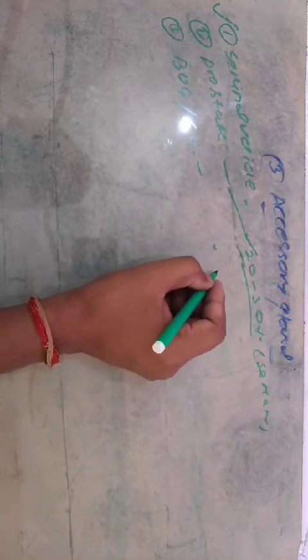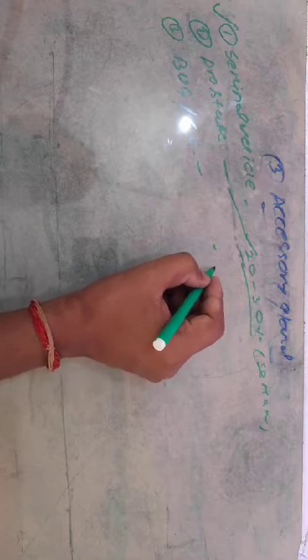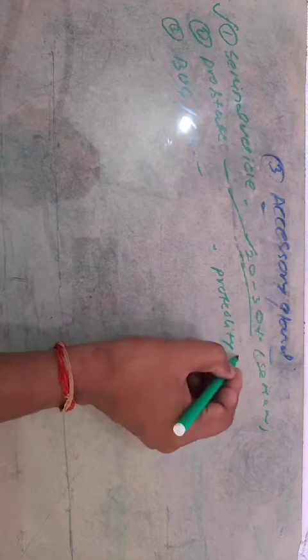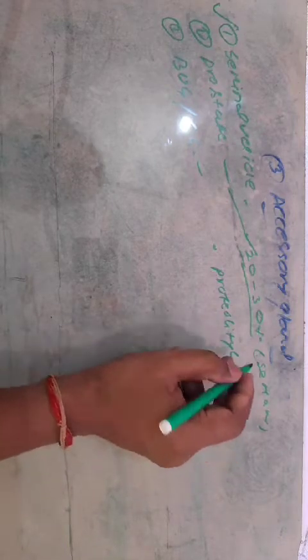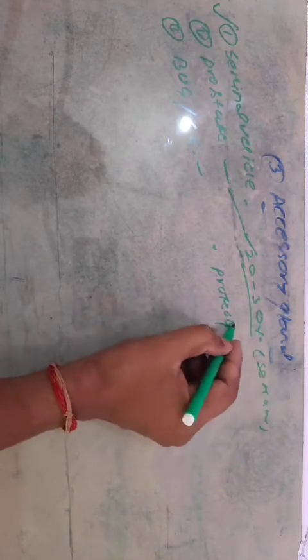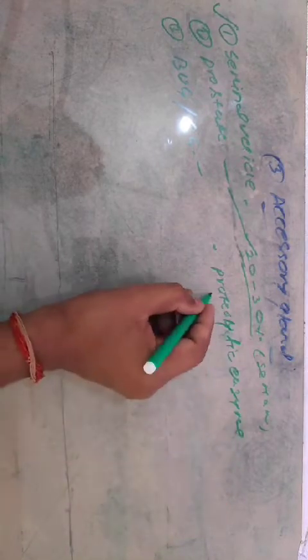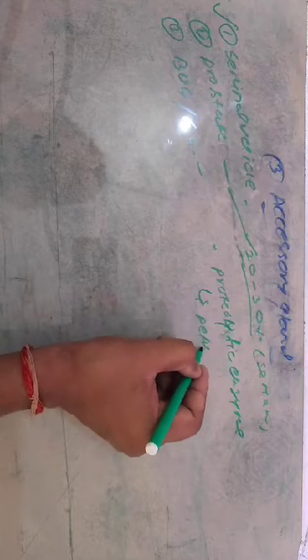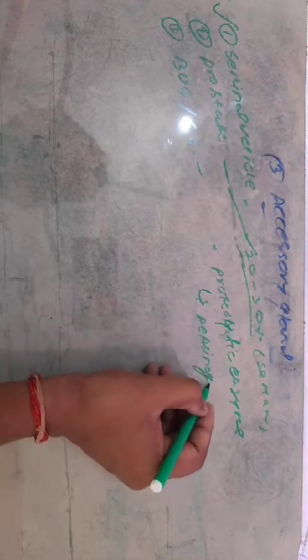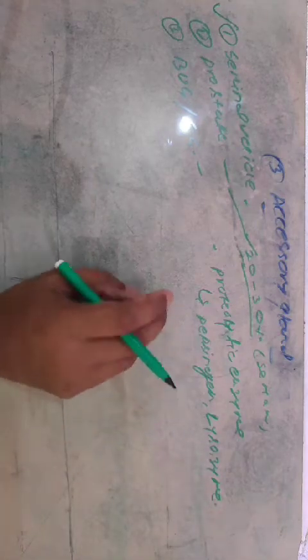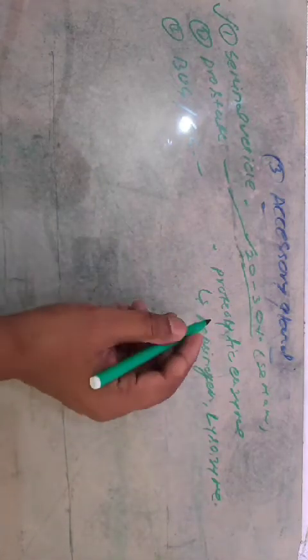It consists of proteolytic enzymes like pepsinogen and lysozyme, and these actually prevent the coagulation of sperm.